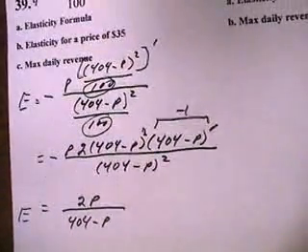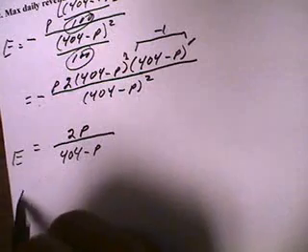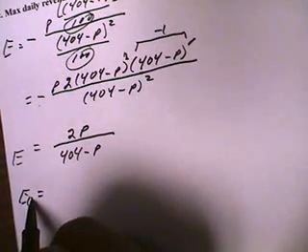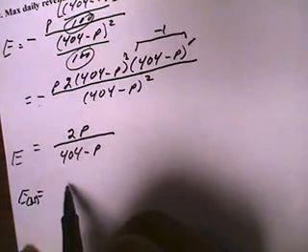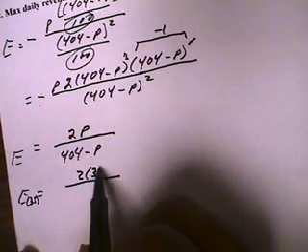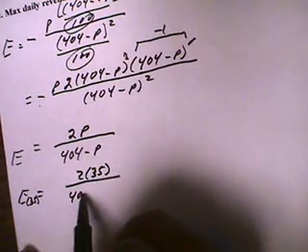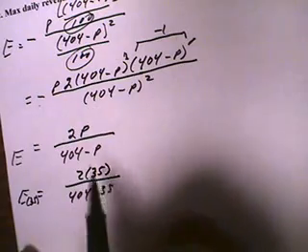Now, what about the price being $35? What's the elasticity of that? Well, let's put in $35 for price, and this will be 2 times 35 all over 404 minus 35.